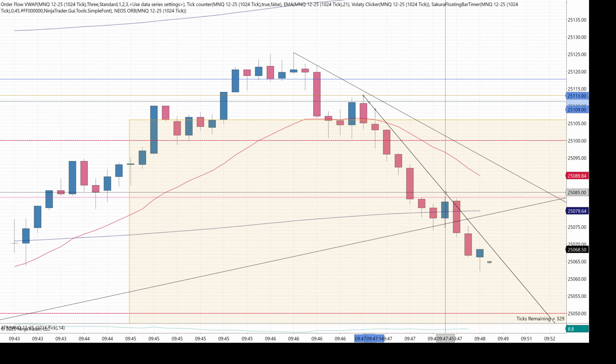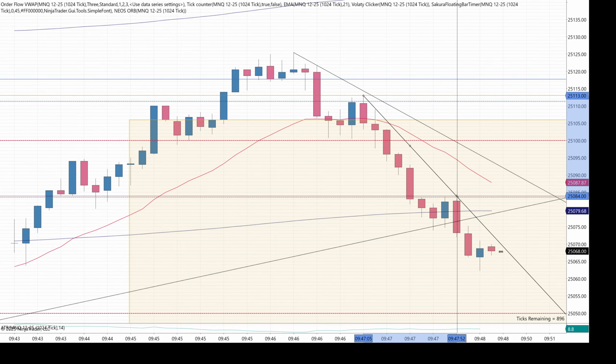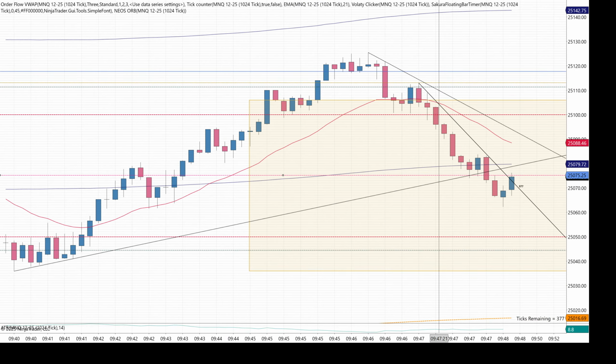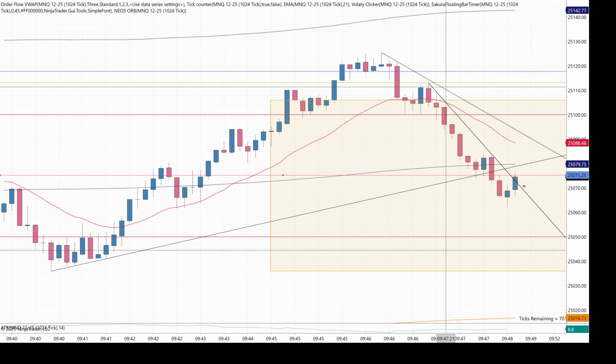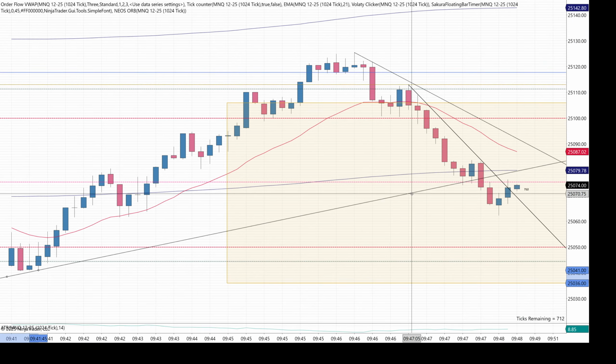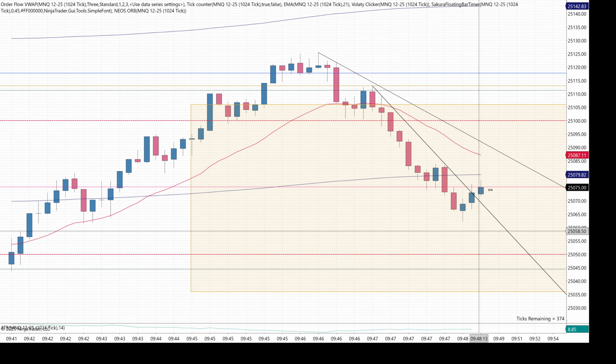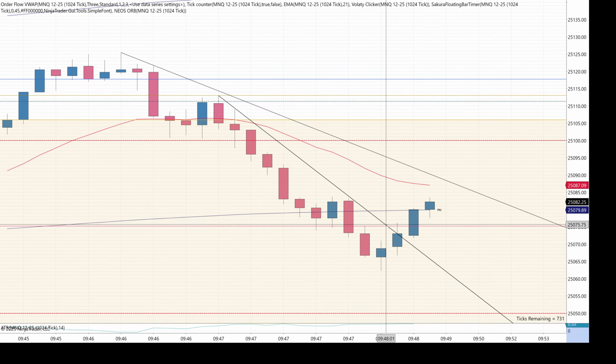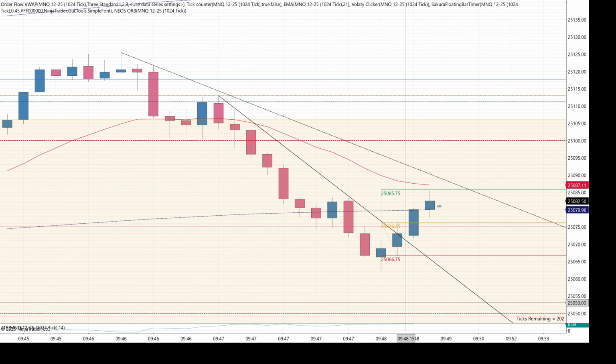Okay, runner is still running. All right, runner is out. Is this gonna be a trigger? Yeah, this was a false positive bullish trigger here, this candle.